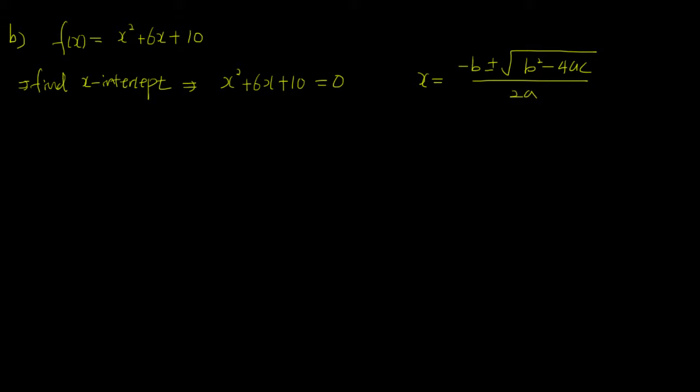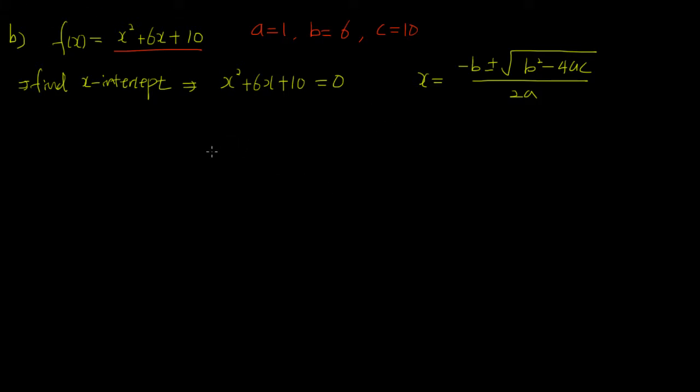You know, for this, our a equals 1, our b equals 6, our c equals 10, right? So in order to figure this out, we just need to replace these values in the formula.